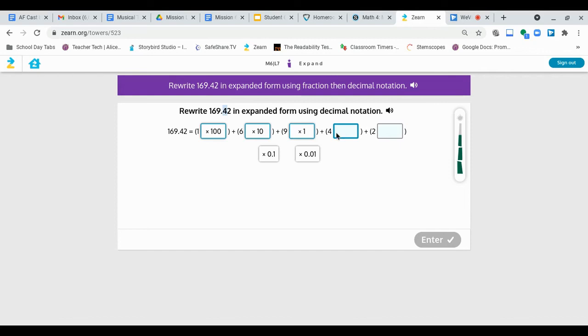I have 4 tenths. So I'm going to choose the tenths one, because that is 4 tenths. And then I have 2 hundredths. So I'm going to choose the one remaining one, which is the hundredths spot. Okay, so I have 100, I have 6 tens, I have 9 ones, I have 4 tenths, and I have 2 hundredths.